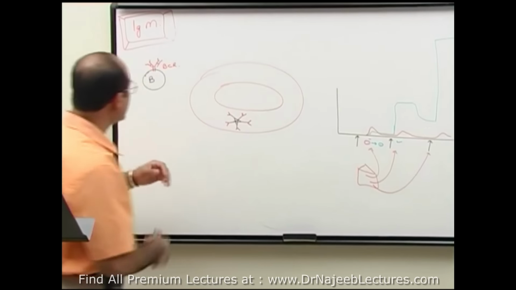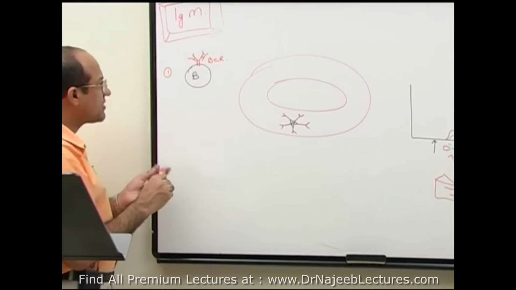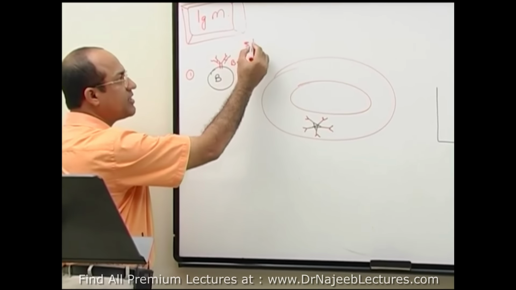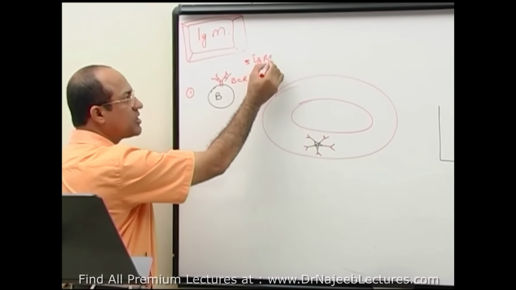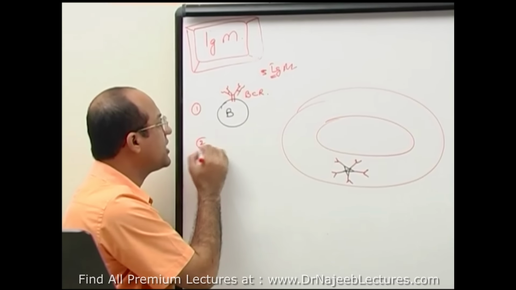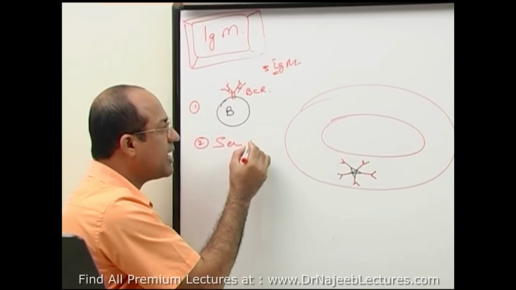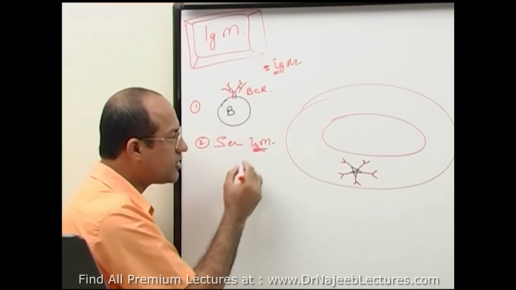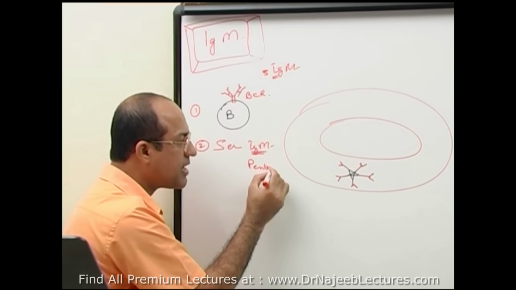Now we were talking about this, so we can say that IgM is surface IgM, which acts as the B cell receptor. Number 2, there is serum IgM, and about serum IgM what you should know? That it is pentameric.